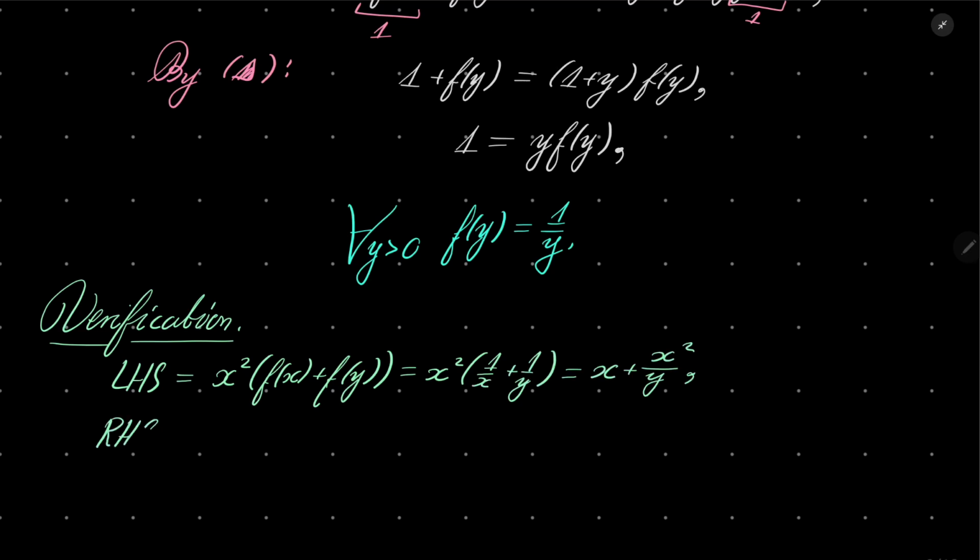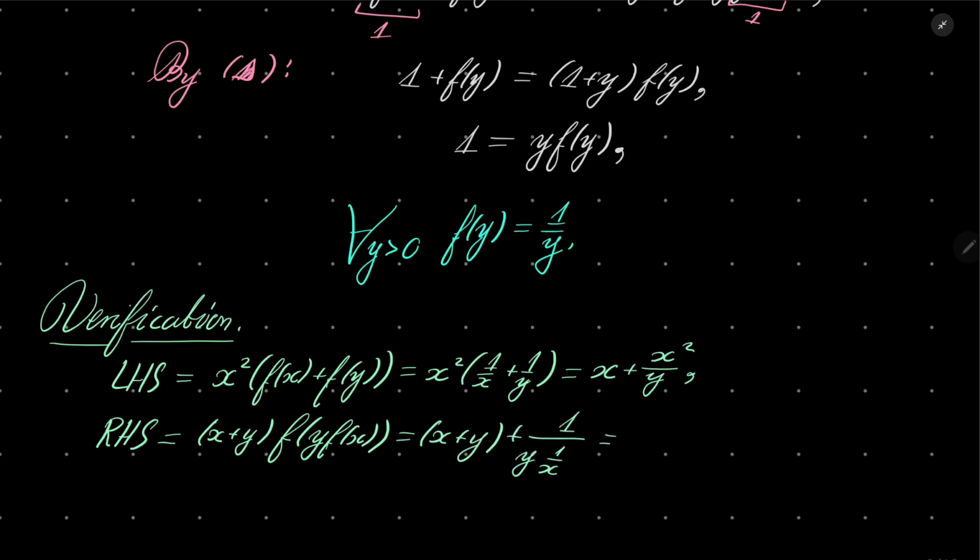And on the right hand side, we have what exactly? We have (x + f(y)) times f(y) times f(x), if I remember correctly. So (x + 1/y) times 1/y times 1/x... If we multiply, it's x squared over y plus x, exactly the same.